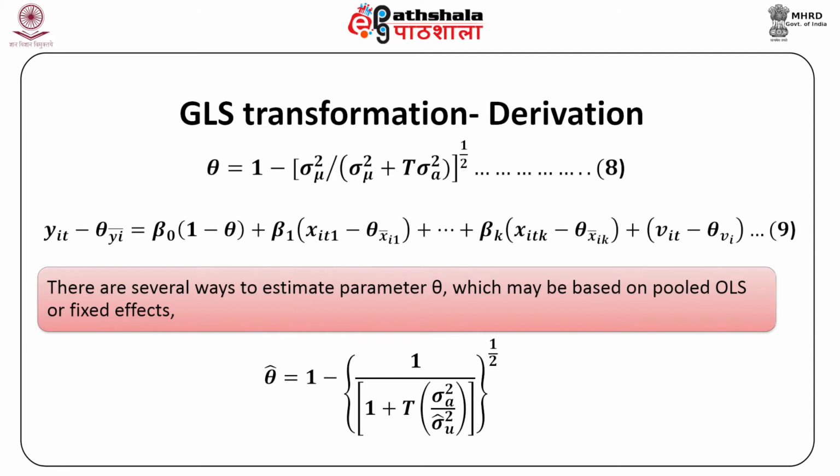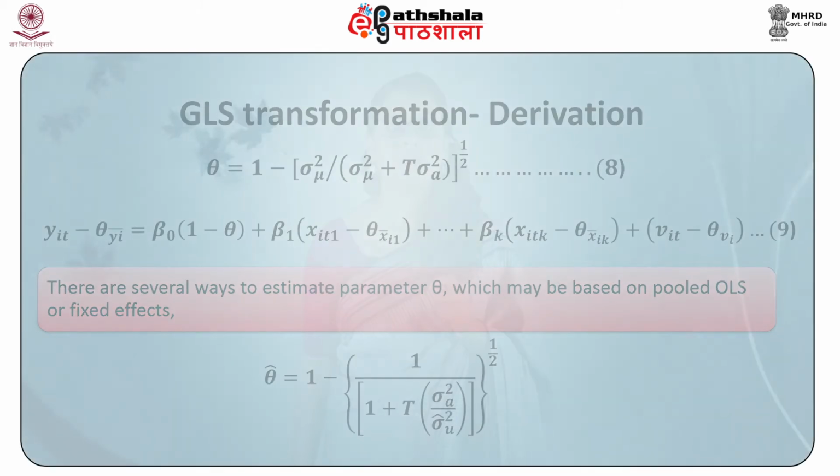For example, generally theta hat takes the form theta hat equals 1 minus the square root of 1 over (1 plus T times sigma hat square a divided by sigma hat square u), where sigma hat square a is a consistent estimator of sigma square a and sigma hat square u is a consistent estimator of sigma square u. These estimators can be based on the pooled OLS or fixed effects residuals. Many econometric packages support estimation of random effects model and automatically compute some version of theta hat.